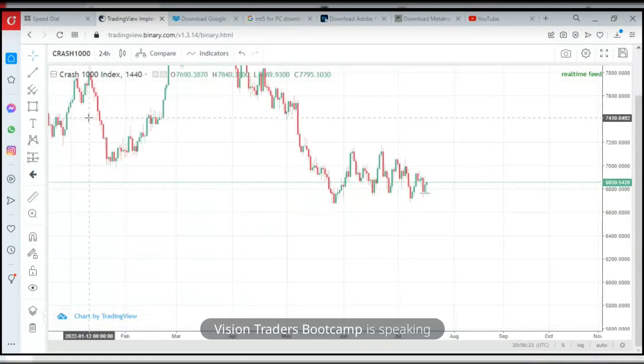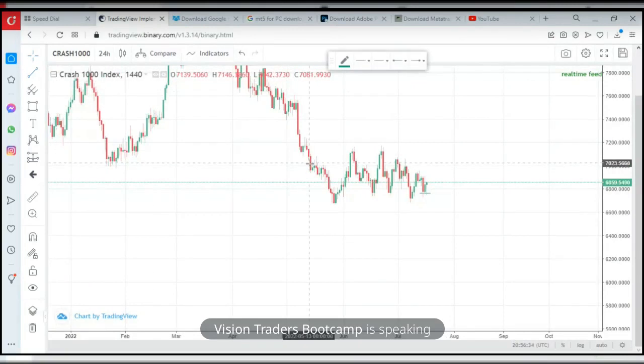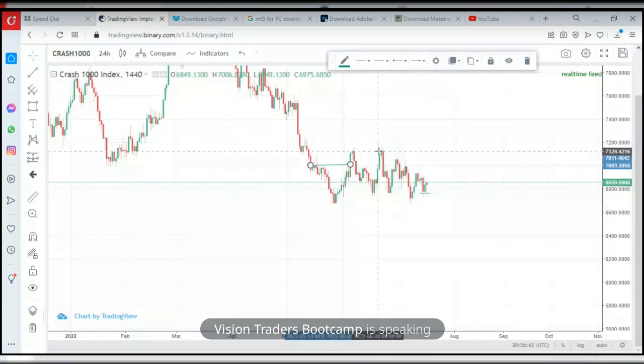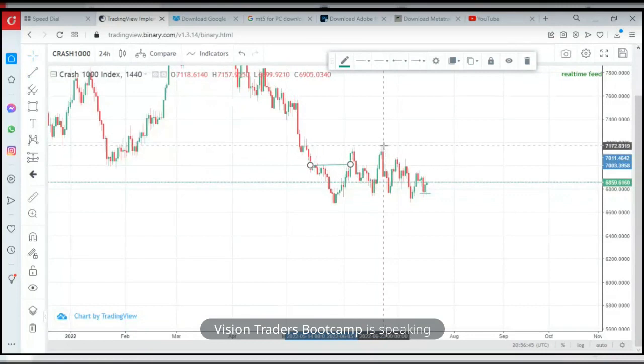All right, we had this market break of structure here, and a retest, but this retest didn't give us that new high. Price came all the way back and tapped the original range of this bad boy.